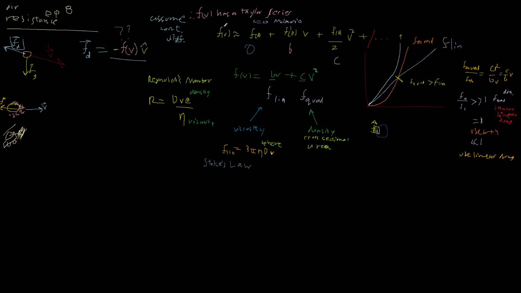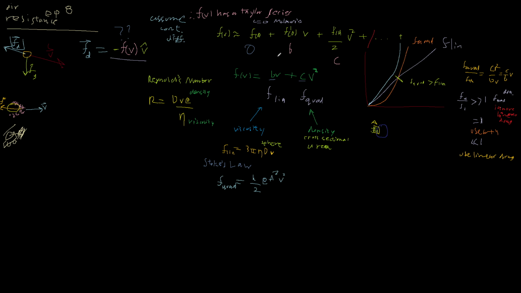Eta is the viscosity, and d is the diameter of the sphere. And F quadratic, on the other hand, is equal to some coefficient over 2 times rho times the cross-sectional area times v squared.